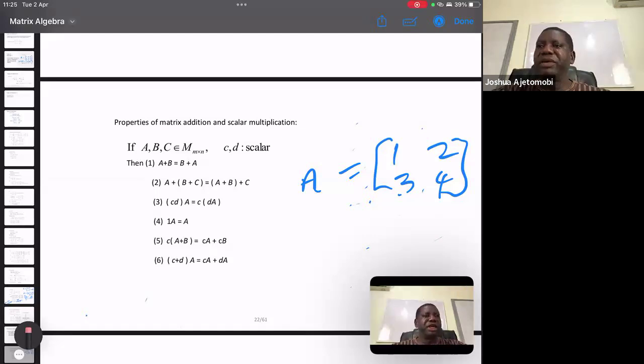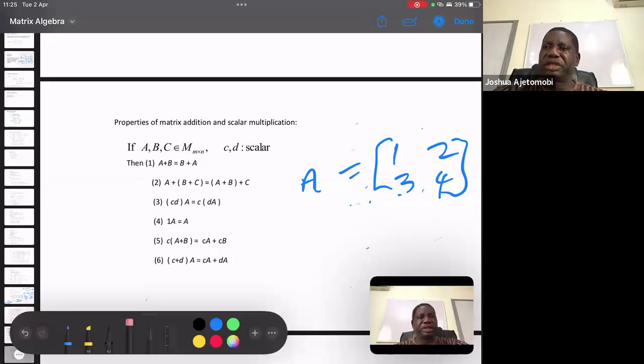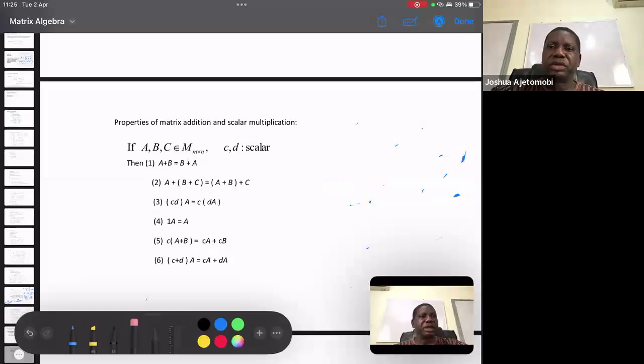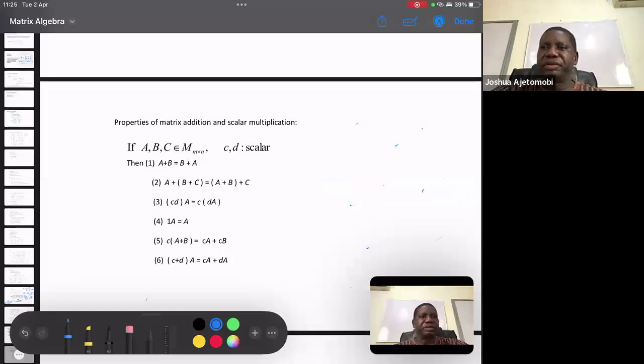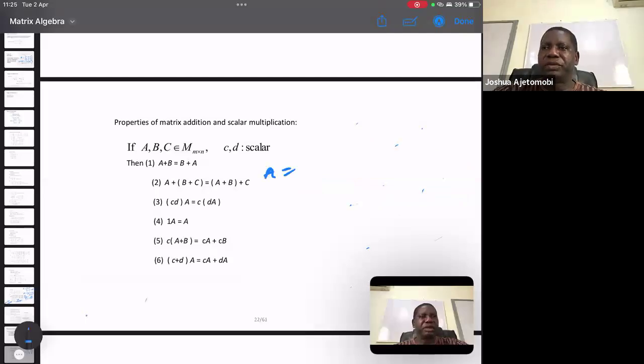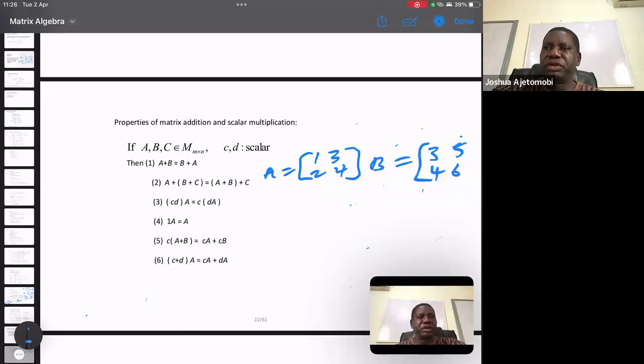Let me pick another example. Let's say my A is equal to 1, 2, 3, 4, and my B is equal to 3, 4, 5, 6.